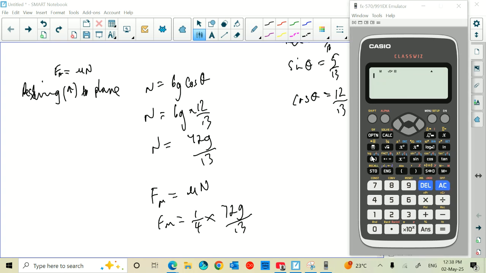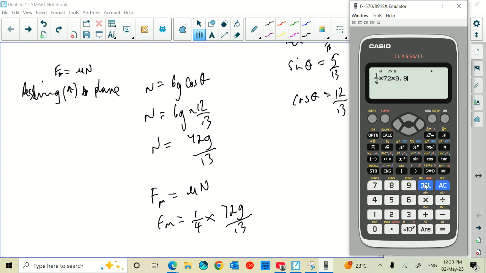So we go to our calculator. Let's get going, it's all in real time here. 1/4 multiplied by 72 times 9.8, and I can put that as a fraction.